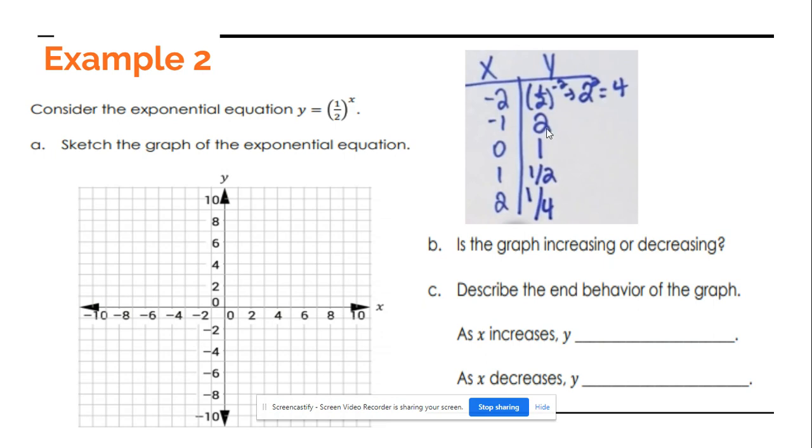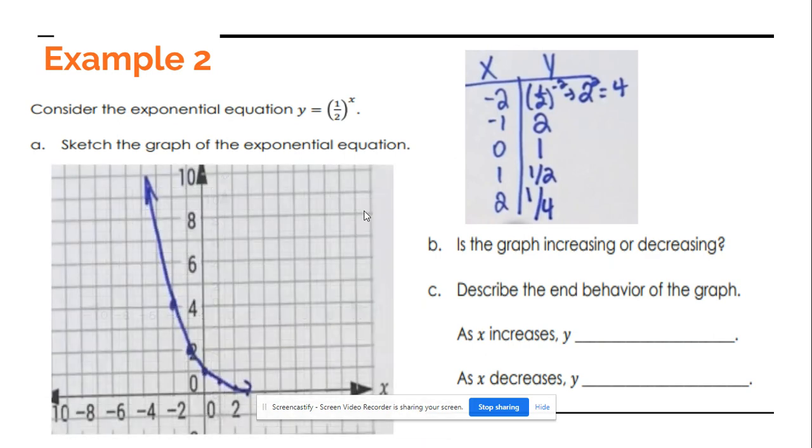If I kept continuing this pattern, 2 times 1/2 is 1. 1 is the value of a, and it's also the y-intercept. 1 times 1/2 is 1/2. 1/2 cut in half is 1/4. You will take these ordered pairs and plot them so that you are looking at an exponential equation. And this one looks a little bit different than the other one that we looked at.